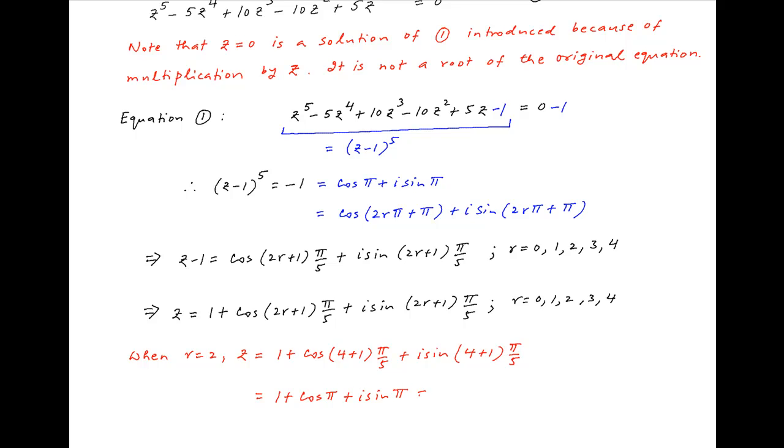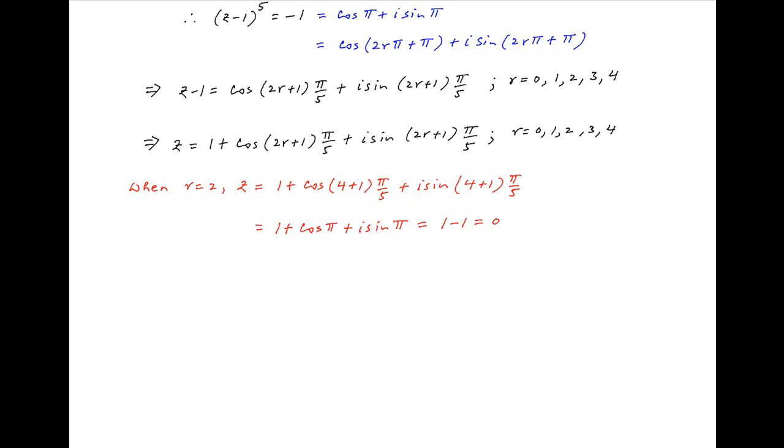Now sine pi is equal to 0 and cos pi is equal to minus 1. Therefore, z is equal to 1 minus 1, which is equal to 0. But we have noted earlier that z is equal to 0 is not a solution of the original equation. Therefore, r is equal to 2 is ruled out.